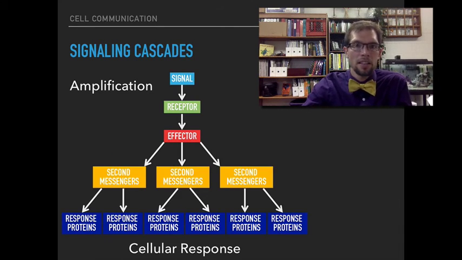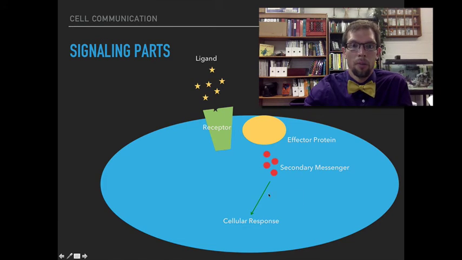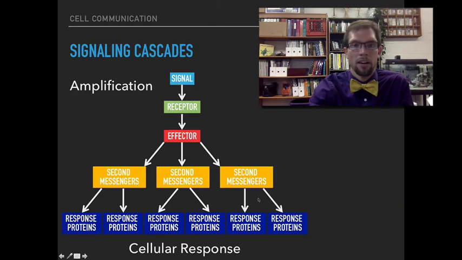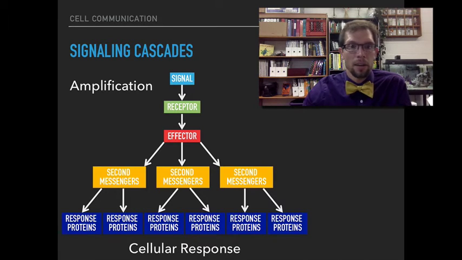Now, it may seem like it would be easy just to go from one step, the ligand signaling to the cell, and then the cell just responding. What's the point of the effectors and the second messengers and the downstream response proteins that were indicated by this green arrow here? Well, the idea is amplification. As you go through this, the signal gets bigger and bigger.